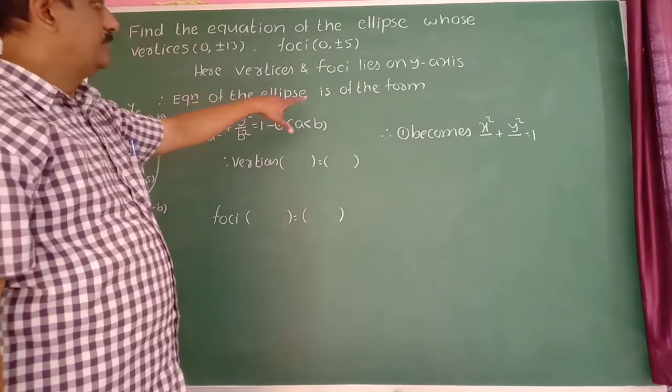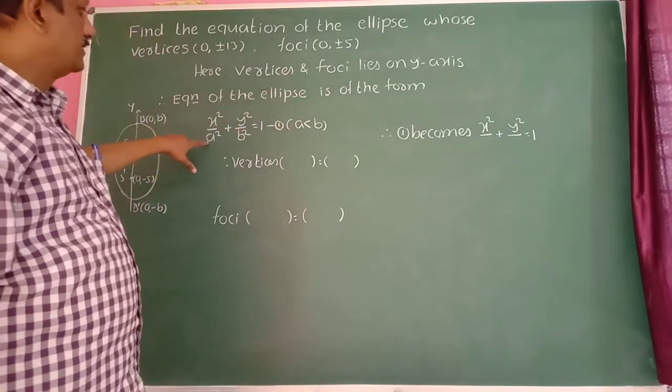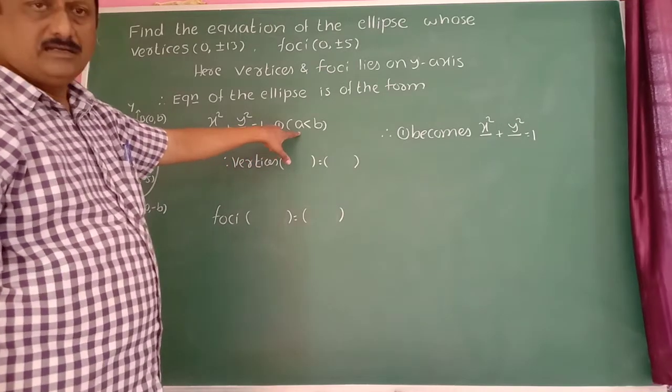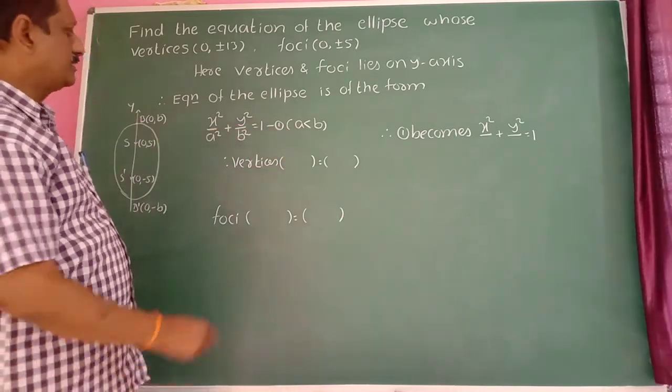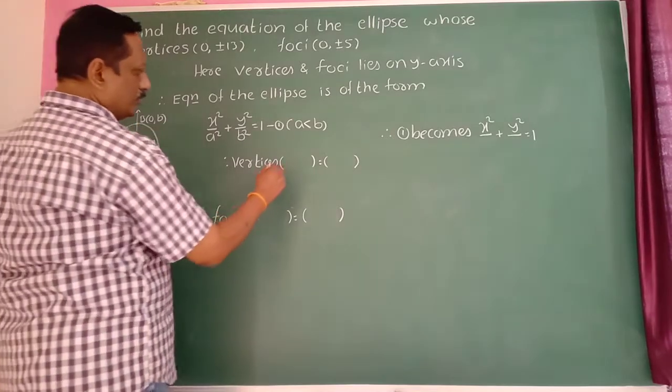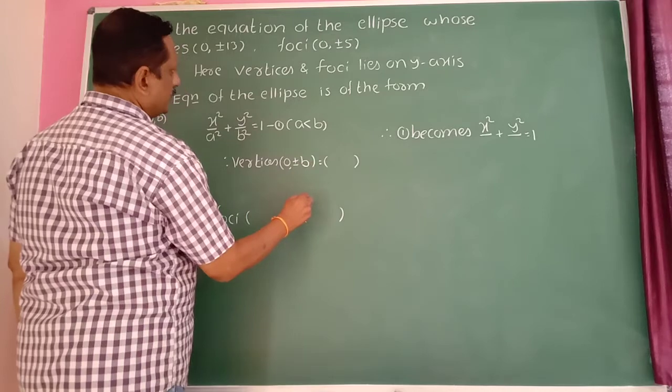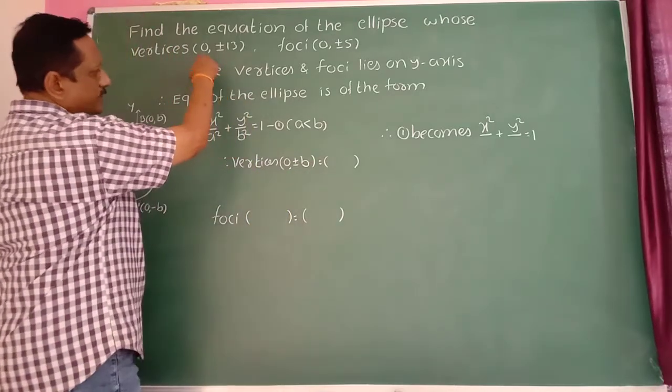Therefore, the equation of the ellipse is of the form x square by a square plus y square by b square is equal to 1, where a is less than b. In this case, vertices are 0, plus or minus b. They are already given 0, plus or minus 13.